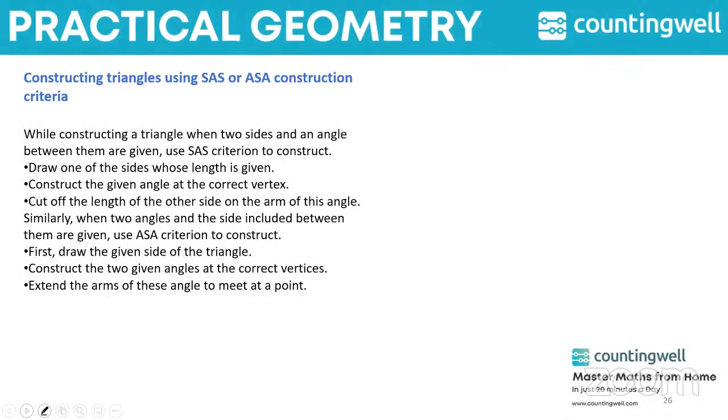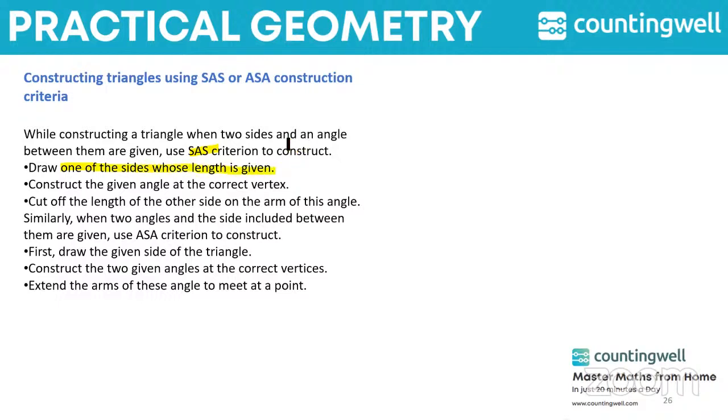Let us see, while constructing triangles using SAS or ASA construction. When two sides and an angle between them are given, we use the SAS criterion to construct. For this, we have to draw any of these sides whose length is given.